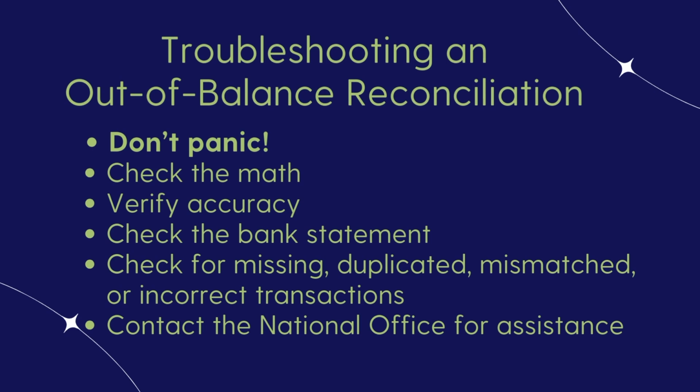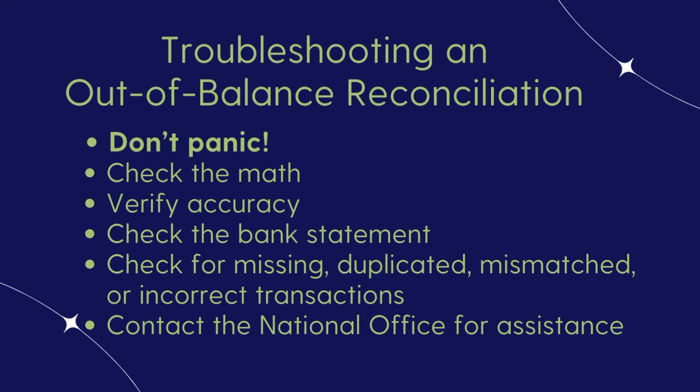Check the math on your reconciliation and check register. Verify the accuracy of information entered on the reconciliation and in your register. Check the date on the bank statement and its balance to ensure you are working with the correct information.